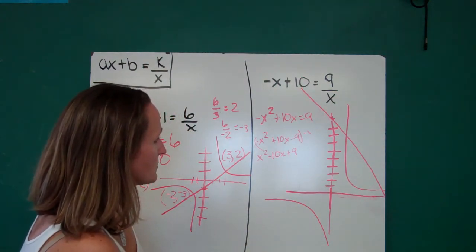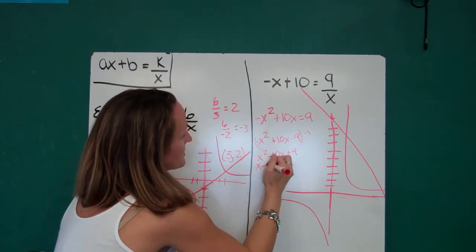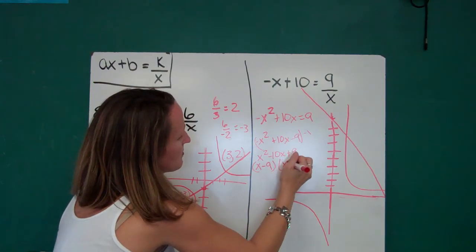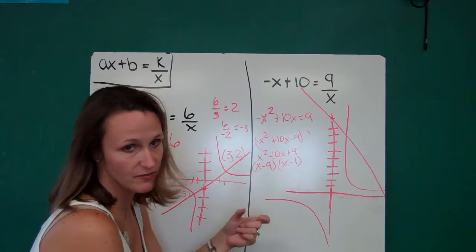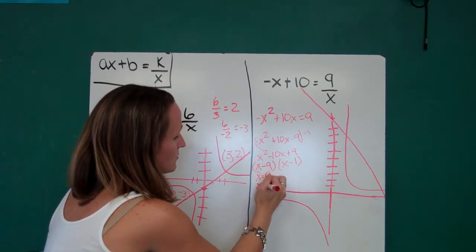Alright. Multiplies to give me 9, adds to give me 10, x minus 9, x minus 1. So when I take my roots out of here, I'm going to get x equals 9 and x equals 1.